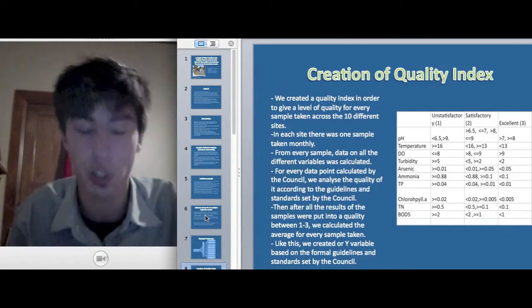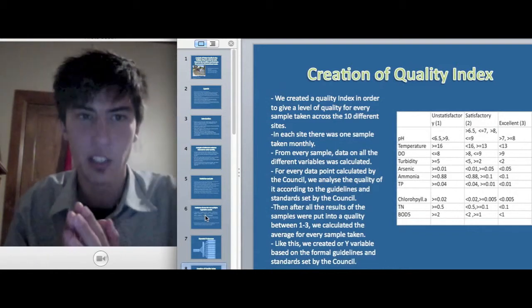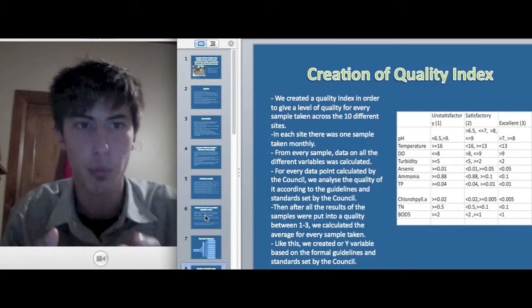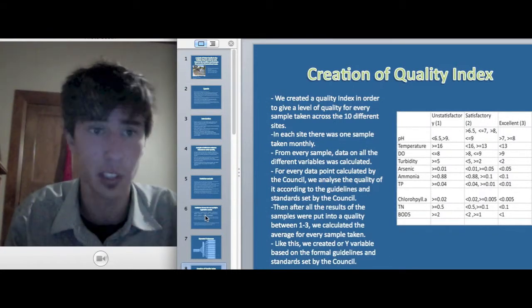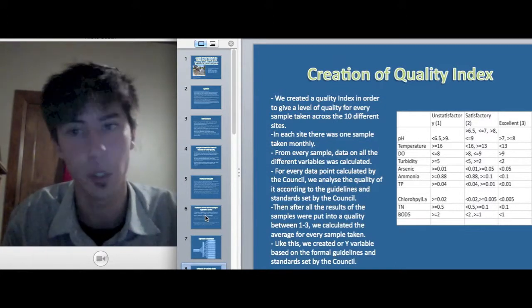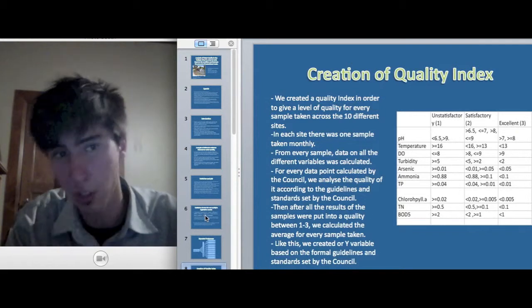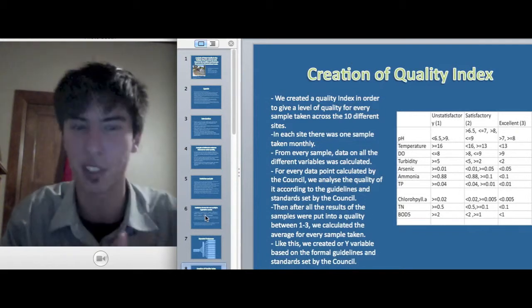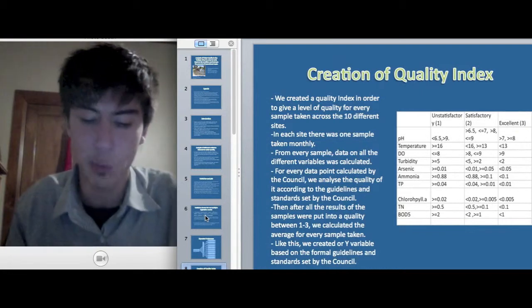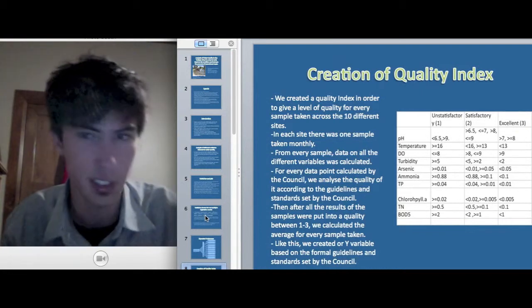To create this quality index, we used the if and then logic test in Excel, and we were able to identify all across the sample, which is the sample data gathered from the more recent study by the regional council, done over an entire year, every single month.